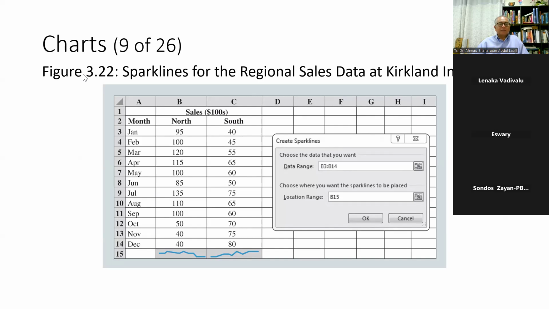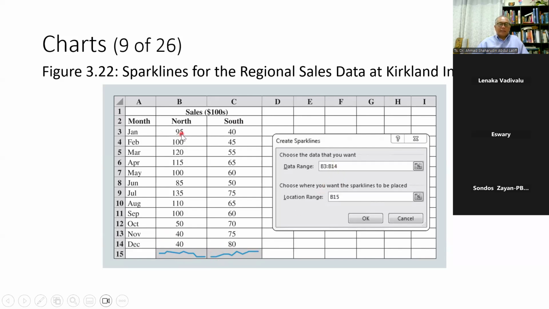Okay, this is the spark line below. I need to change color. So this color is I use spotlight. Okay, this is the spark line. This is another spark line. This is how you create the spark line.